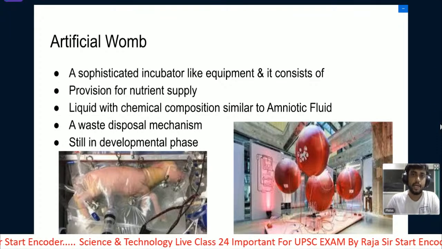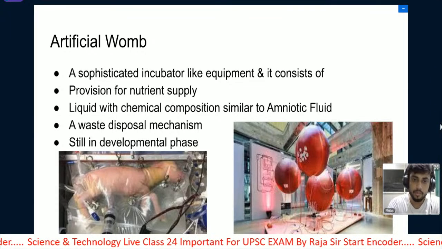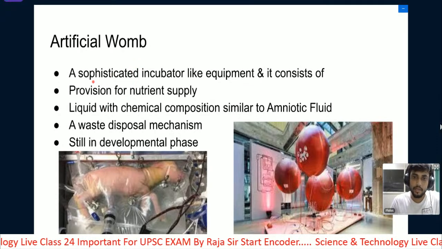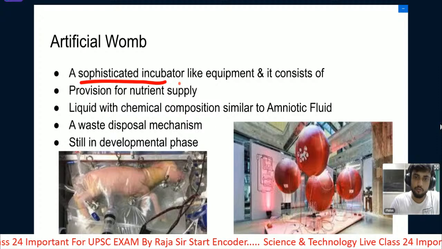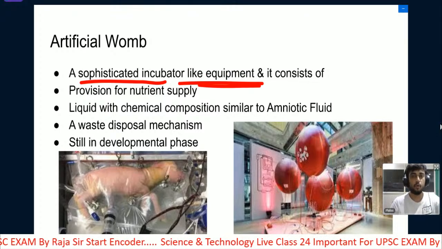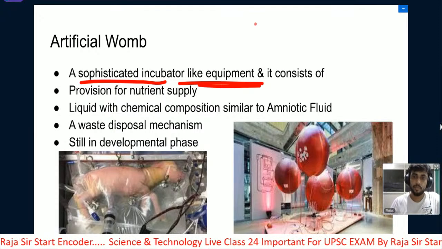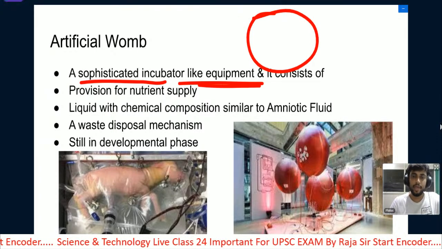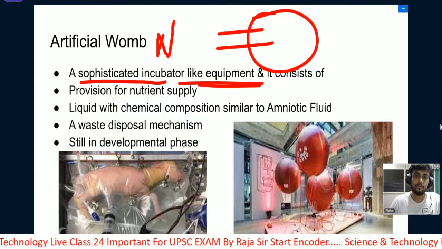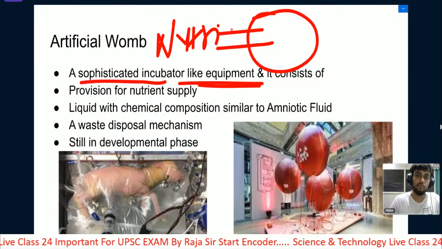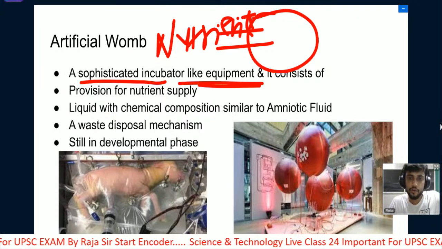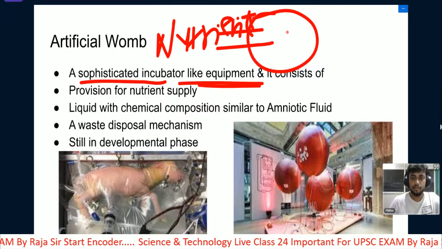Now the scientists are trying to develop the artificial womb. So this artificial womb is a sophisticated incubator-like equipment, and this equipment consists of a provision for nutrient supply. Okay, so we have an artificial womb and there is a provision for nutrient supply for the nourishment of the embryo.